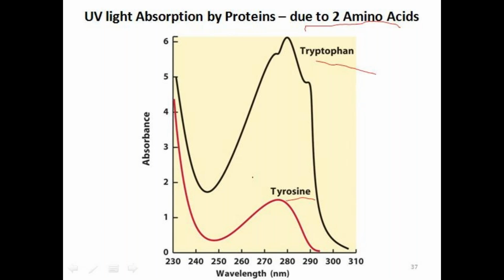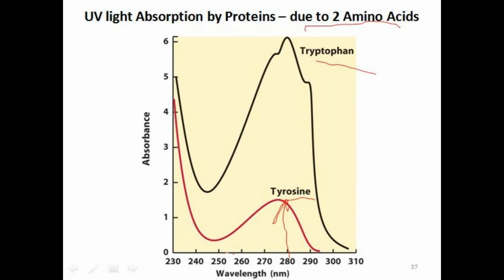See the graph here. Observe this value, 280 nanometers. This is the absorbance maximum of tryptophan and tyrosine. Tyrosine and tryptophan absorb maximally near a wavelength of 280 nanometers, whereas phenylalanine absorbs maximally at 257 nanometers.